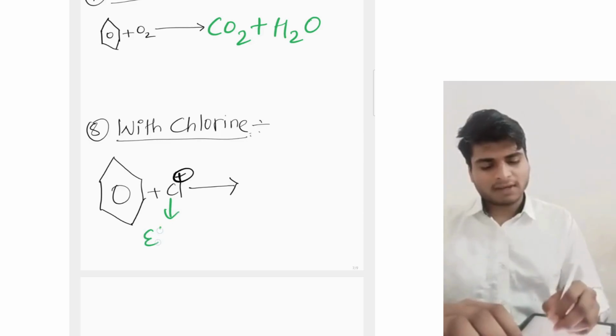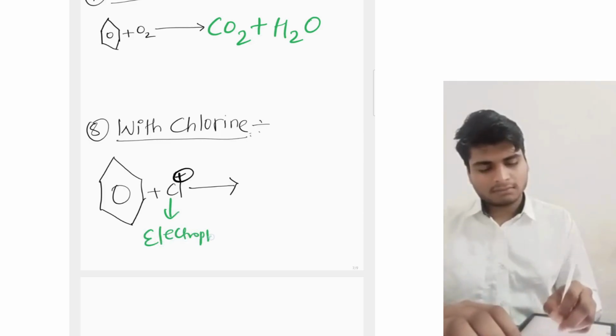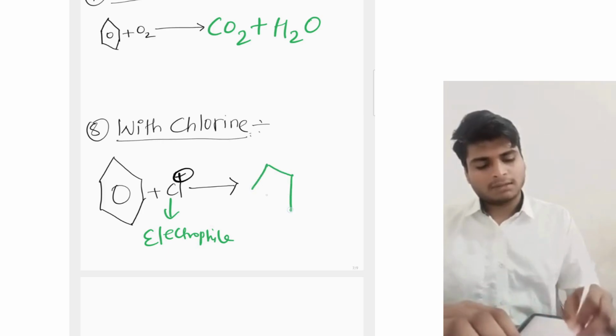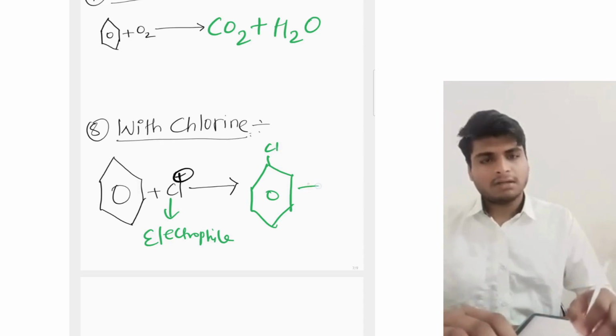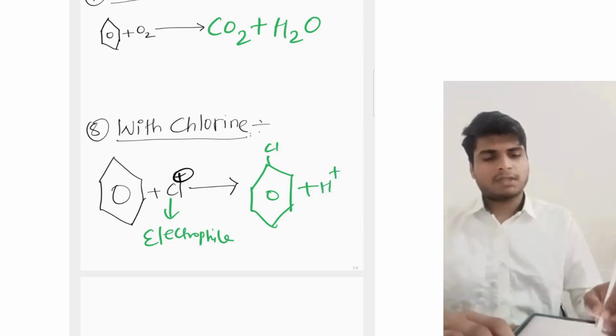This is the electrophile, and it will attach to the benzene ring, giving Cl plus H plus.